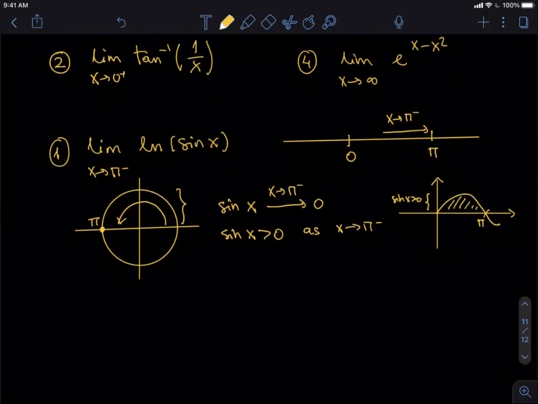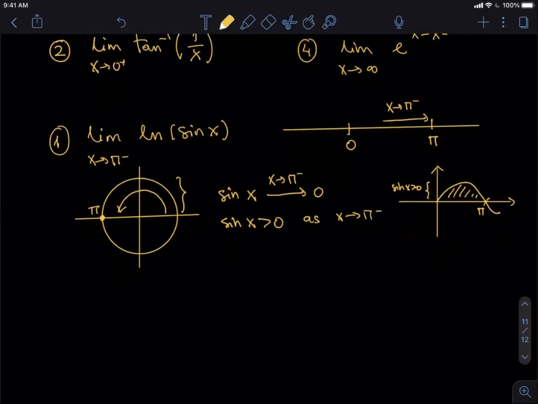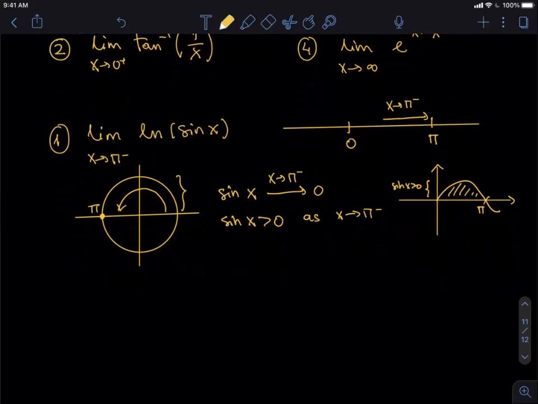What I'm trying to say here is that this means that we are in the domain of the logarithm. And then we can just take the limit.